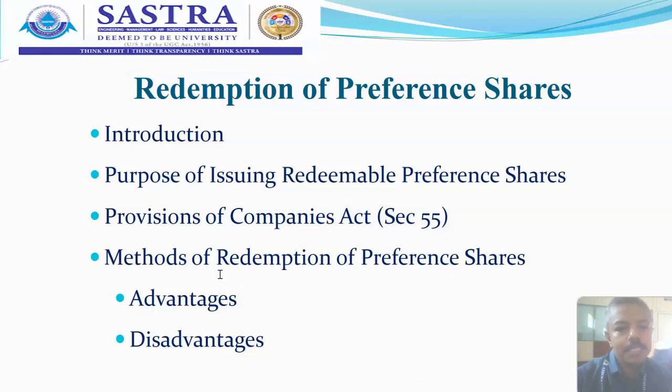The contract gets established between the company and the preference shareholders as soon as you allot the preference shares. These shares are issued on the terms that shareholders will at a future date be repaid the amount which they invested in the company, along with the frequent payment of a specified amount as return on investment during the tenure of the preference shares.